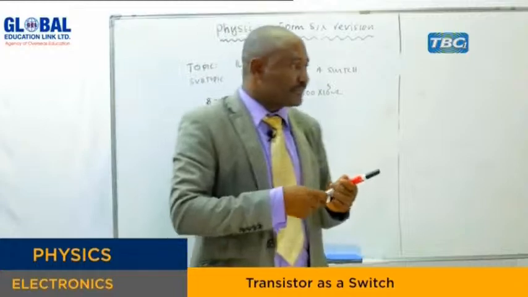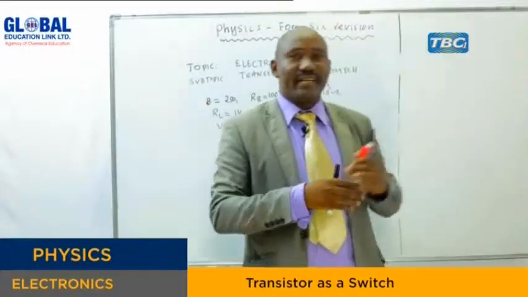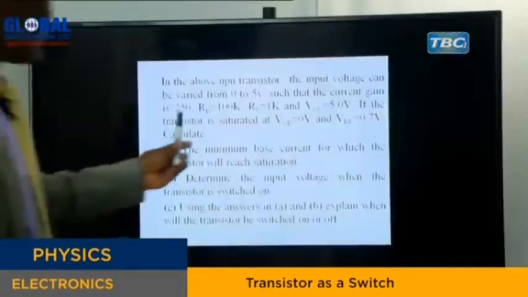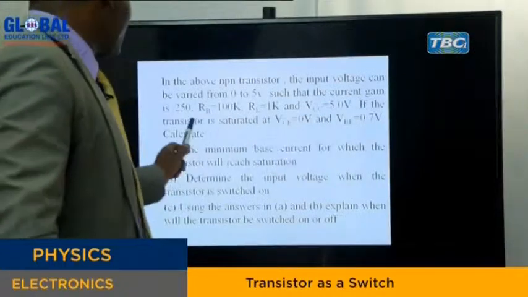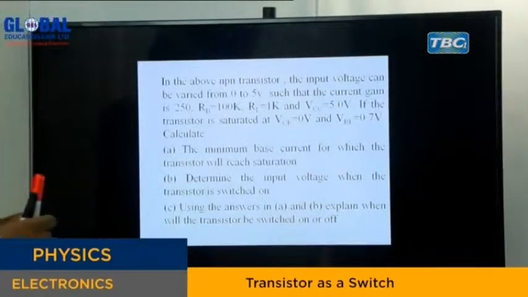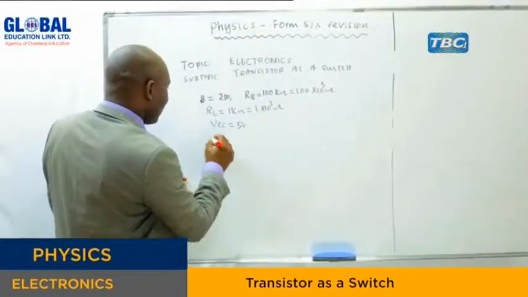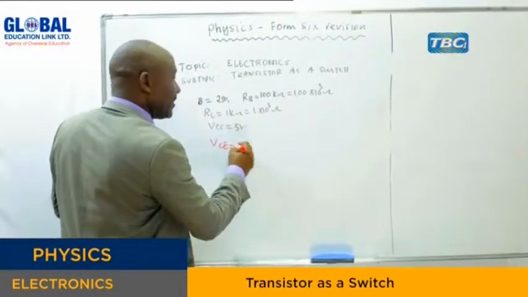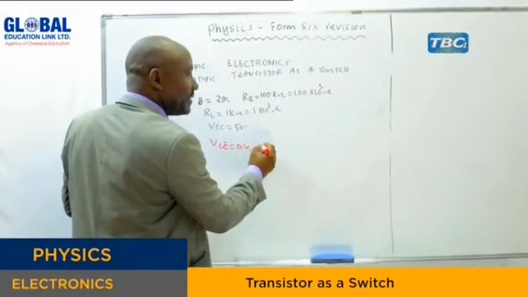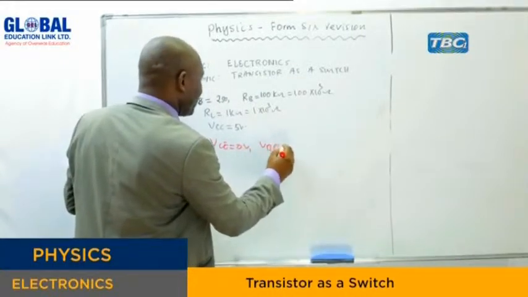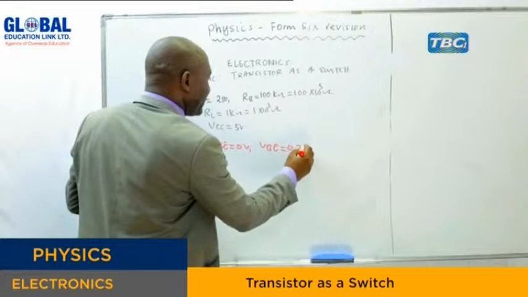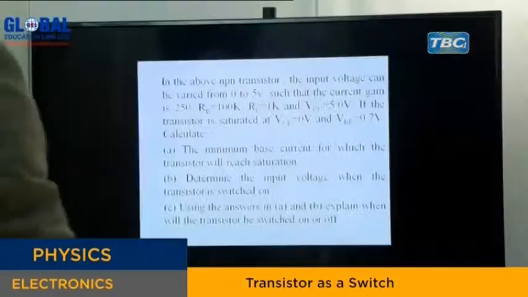That's the information you have, but the question does not end there. The question says, if the transistor is saturated, we know that VCE equals 0. From the information, VBE equals 0.7.